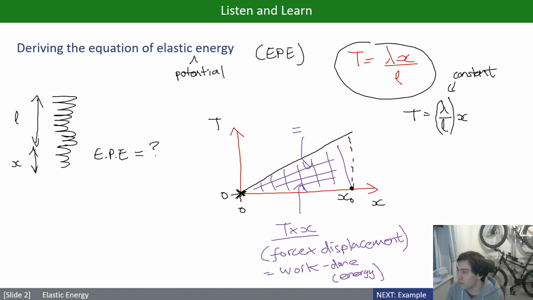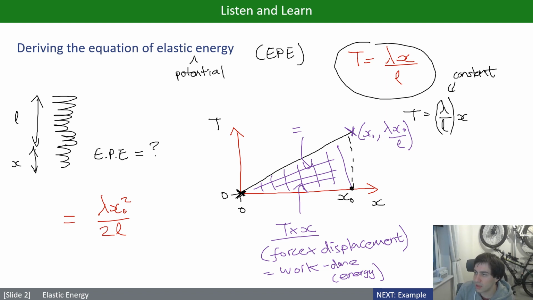So it's just the area of a triangle, right? It's going to be x0 times the height. So if that's x0 there, then the y value is going to be lambda x0 over L. Multiply those and divide by 2. So we'll get lambda x0 squared all over L all over 2. And that's it. That's the formula for elastic potential energy.